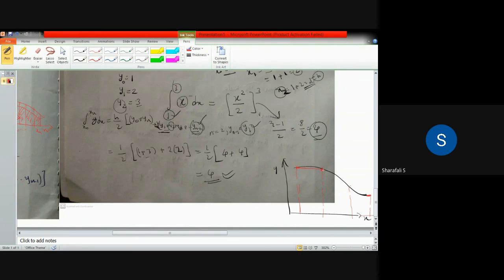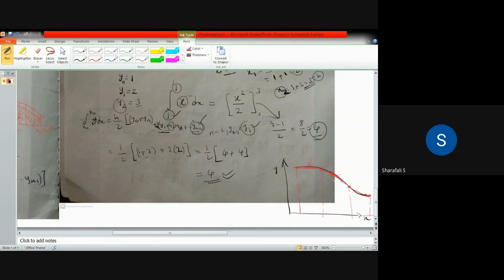Then if you join these two, you'll get something like this. It depends on that curve. So basically, you are not including the area under this curve, this portion is gone. The area under this one is also gone.